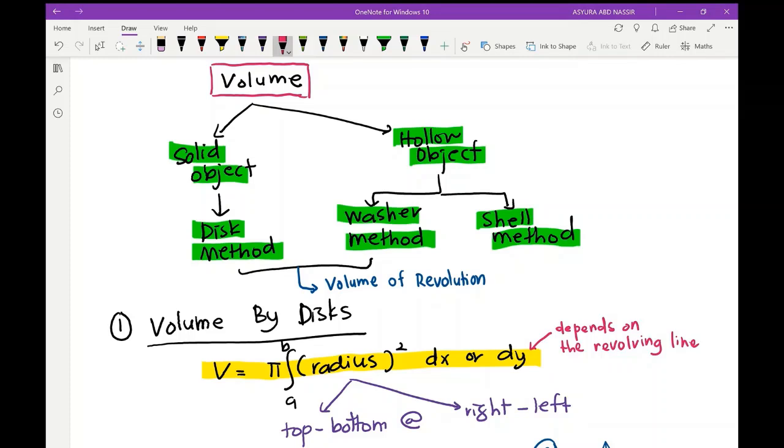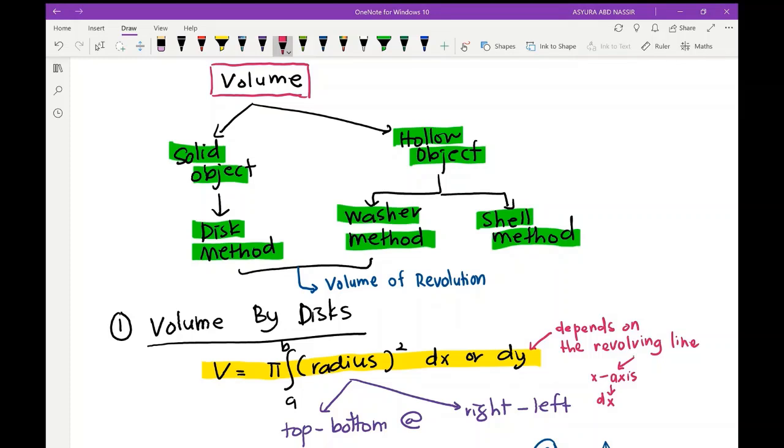If your revolving line is on the x-axis, then you will use top minus bottom, so you will use dx. That means everything will be in terms of x.